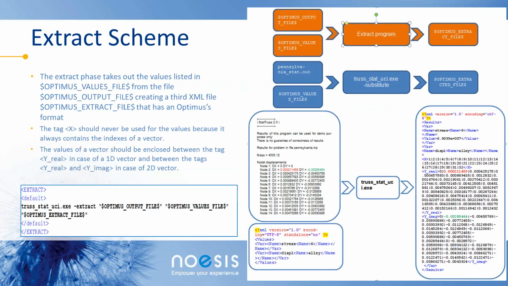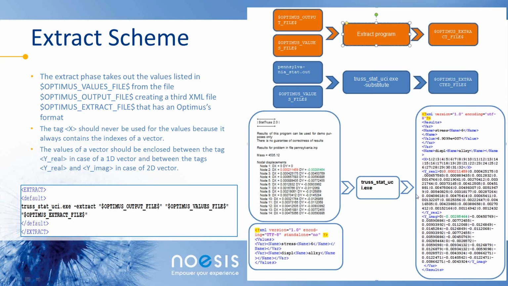Okay, and this is the extract scheme. You may see, for example, here we have again the Pennsylvania out. We have the Optimus value file, which contains the values that we want to extract. Those files are taken into account by our executable, that again can be an executable that we write in C, Fortran, Java, or Python, or whatever you want.